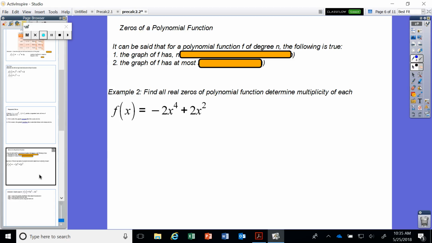So it can be said for a polynomial function f of degree n that the following is true. The graph of f has at most blank. N what? What do you think?